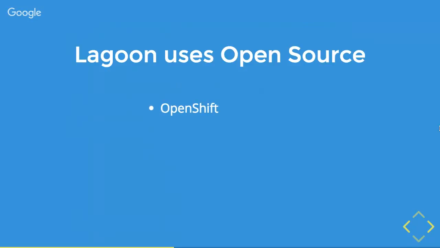So we use OpenShift as an orchestration system, which itself uses Kubernetes, which is a Docker orchestration system, completely open source. And we use Alpine Docker images, which are basically super small Docker images for Nginx and PHP and Varnish and all these things. And some of them we even started to provide ourselves.